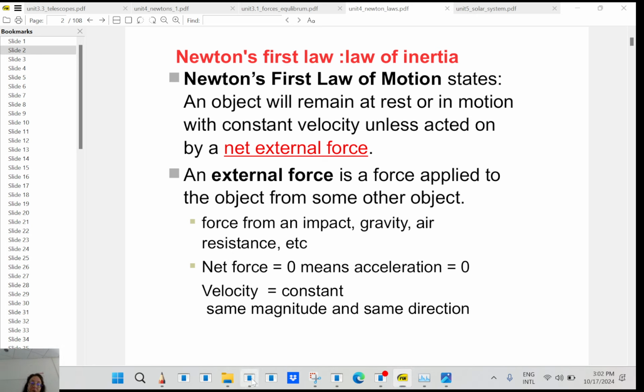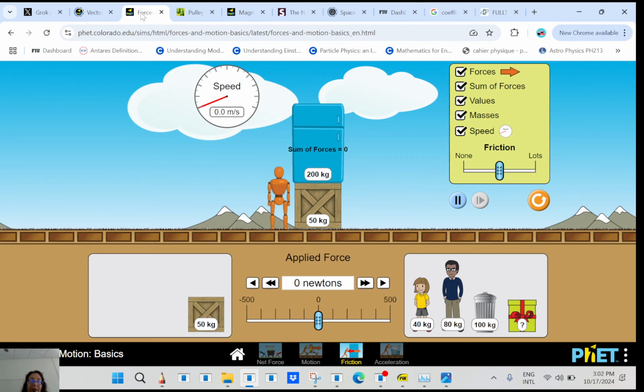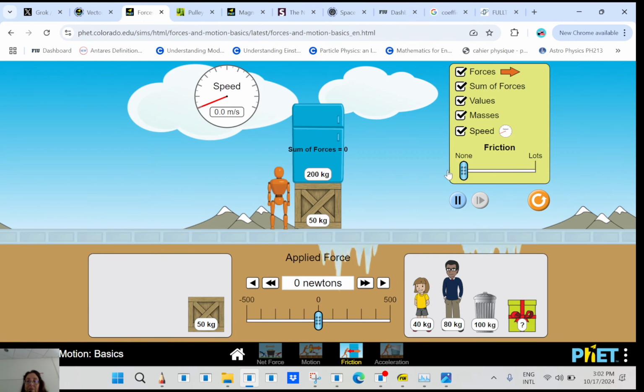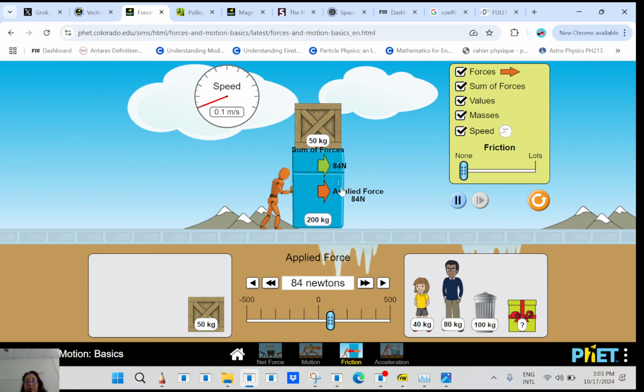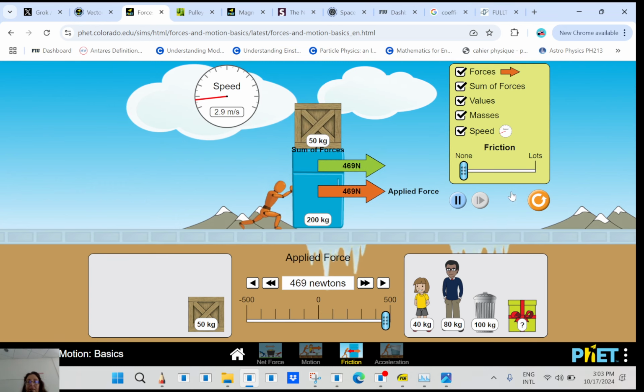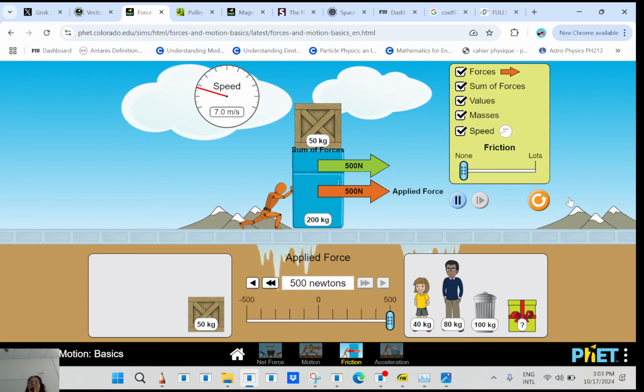And you already saw that with this app, right? So if I remove friction, there is no friction. Okay, so it starts to move, so no friction.